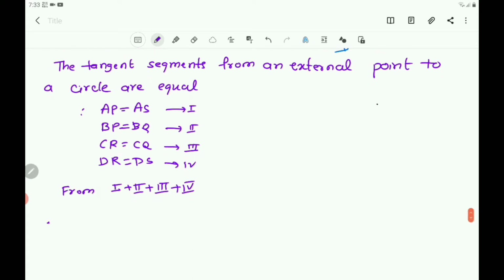So that implies AP plus BP plus CR plus DR, they are on the LHS, equals AS plus BQ plus CQ plus DS, they are on the RHS.